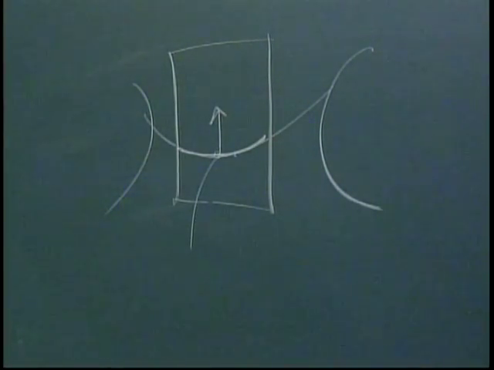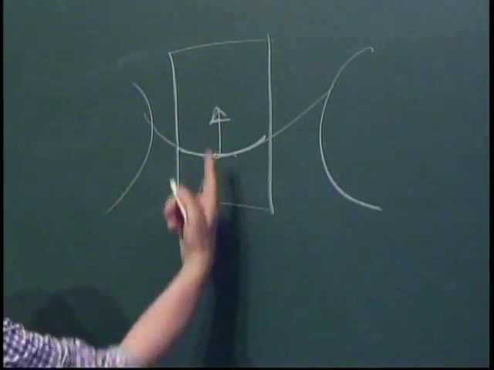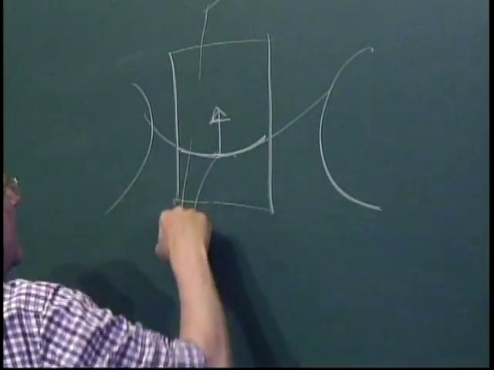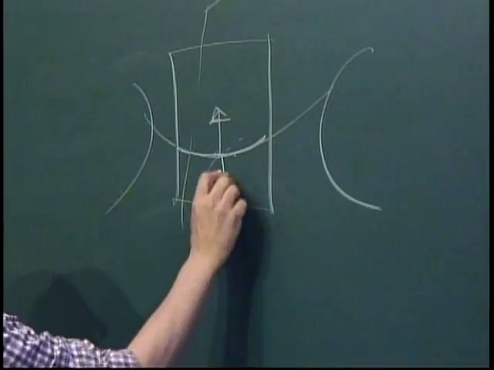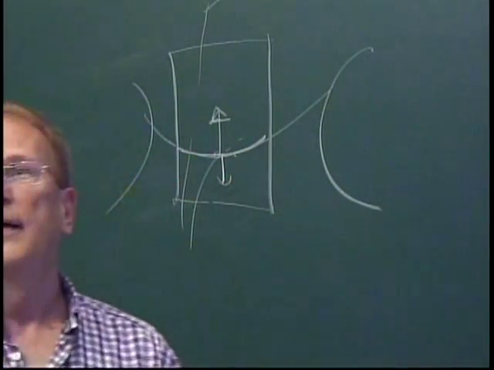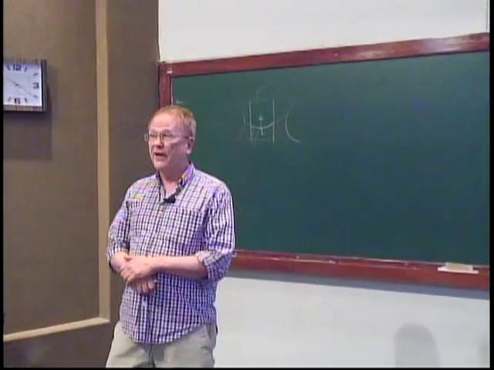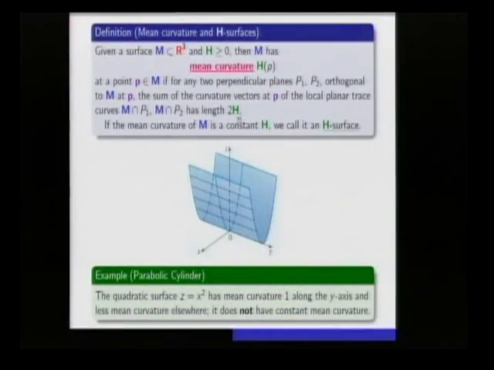So for example, for this curve, here's the curvature vector. If I took this plane, then its curvature vector is going to be pointed down somewhat. And if I add those 2 vectors, I get a vector. That's called the mean curvature vector, the natural mean curvature vector. And the length of that would be the mean curvature, or I think the mean curvature divided by 2, right? So I have this factor of 2 here.